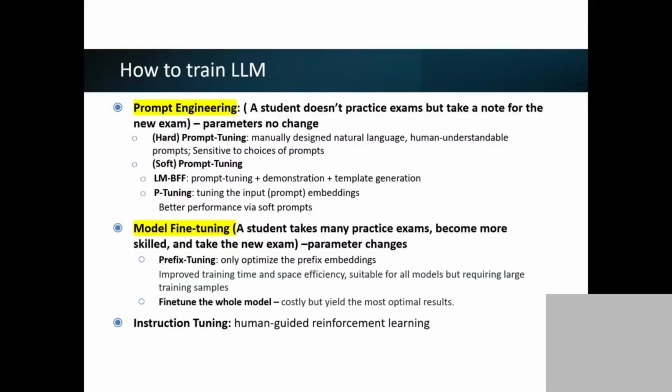Whereas option two is you use the exams as training samples to change the parameters in Llama. You change Llama. So in that case, it's not Llama anymore. It's an accounting Llama. So it's not just simply giving a cheat sheet. You have the students take 10 courses to change their knowledge base. That's the second option.